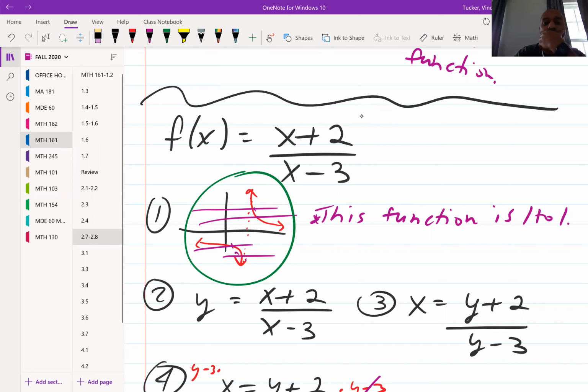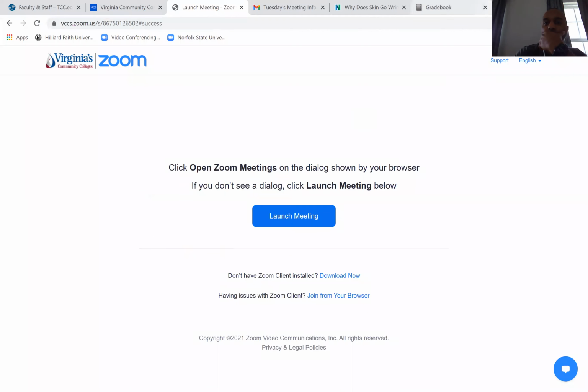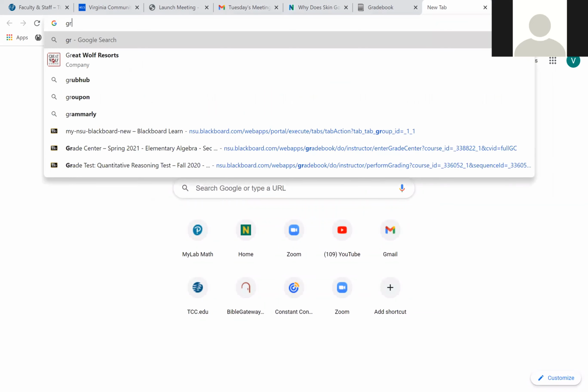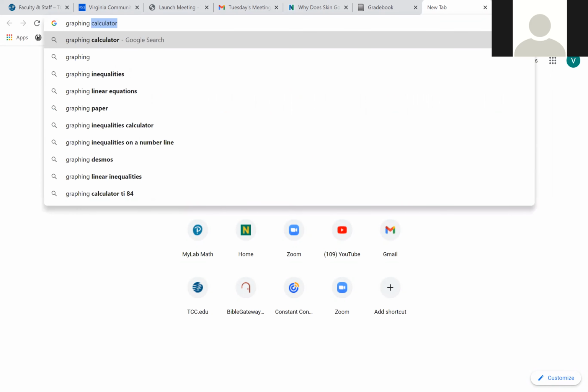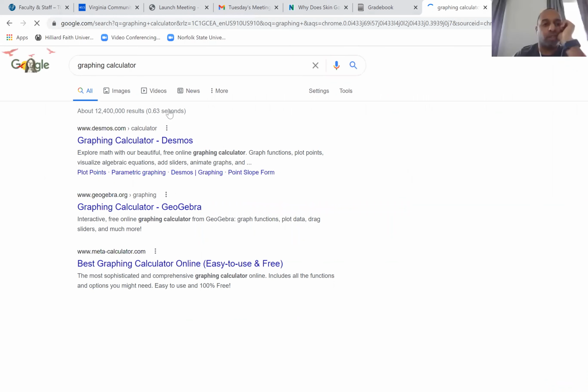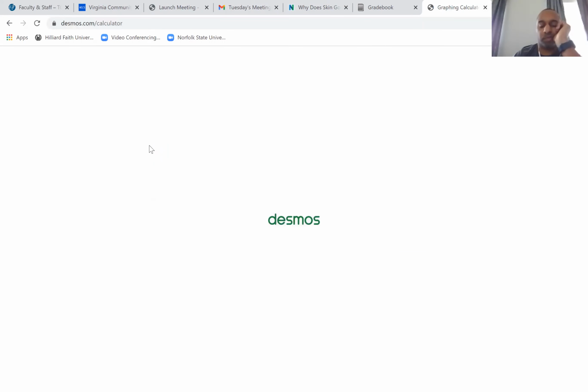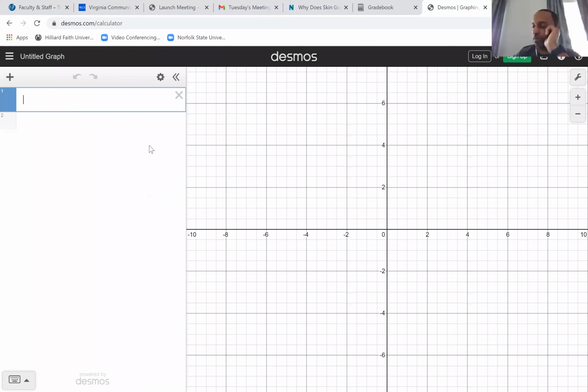So let's see. Graphing calculator. I think decimals is a good one. And so parentheses x minus 2.